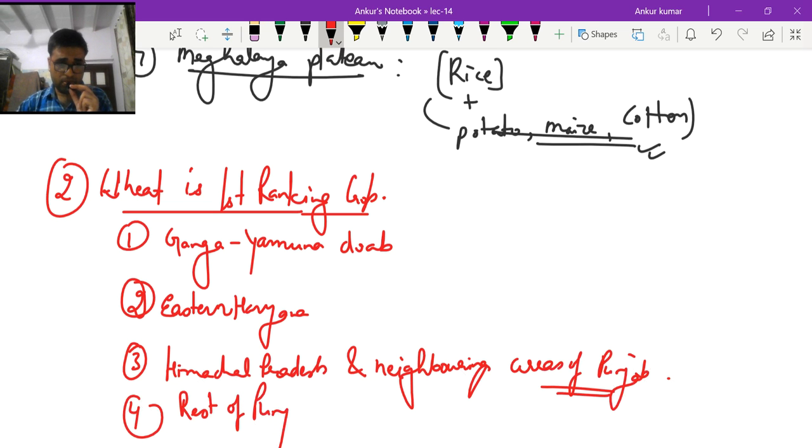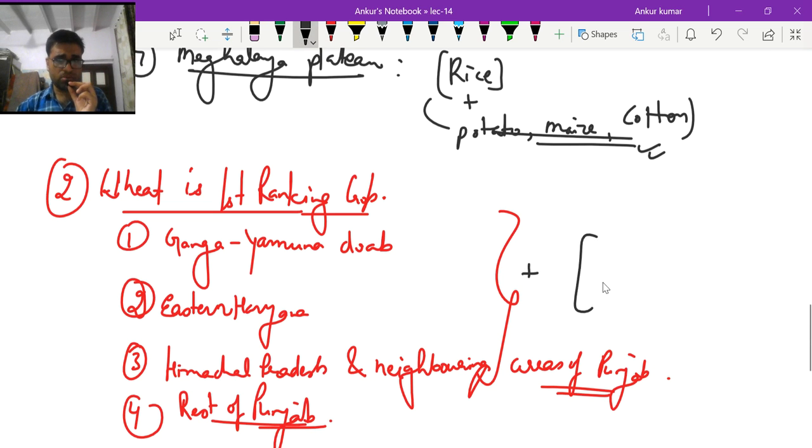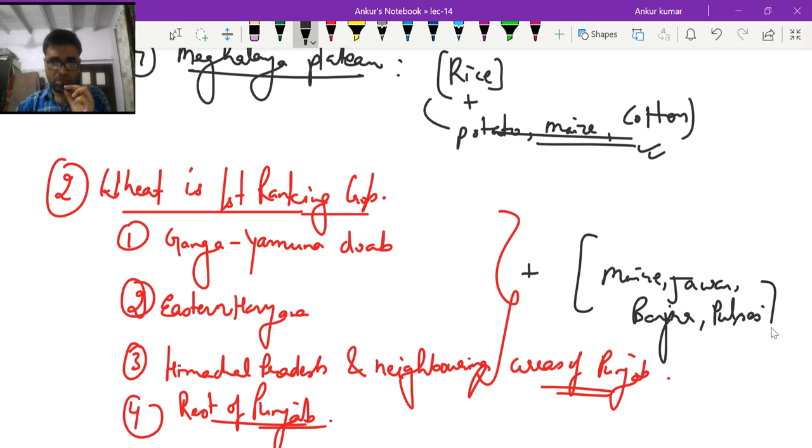So these are the areas where wheat is the first ranking crop, but along with wheat, other crops like maize, jowar, bajra, pulses are also grown. So this is the second part that we did, the regions where wheat is the first ranking crop.